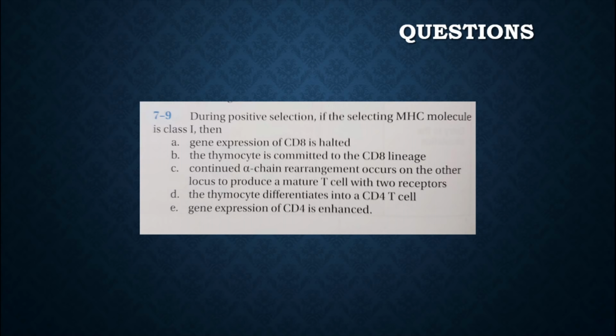Isn't it after positive selection you change from double positive to single positive? So positive selection is where your T cell is going to interact with an MHC, and that's where it's going to decide what fate it's going to go. Yes. So then after that, would it become single positive? Yes. So then it would be B. Yes, the answer is B.